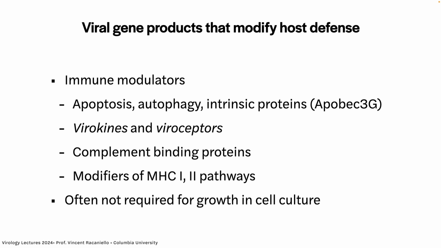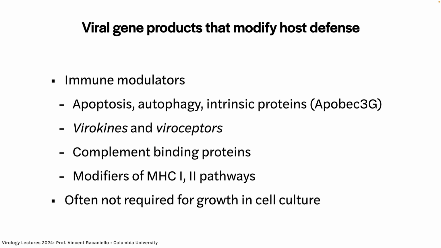Then we have viroceptors, which are soluble cytokine receptors that do the same thing. They bind to soluble cytokines and they prevent them from binding to cells. So those are virus antagonists of cytokines. And if we make mutations in the genes that encode them, we make the virus less virulent. We have complement binding proteins. Remember, complement is a big antiviral pathway.